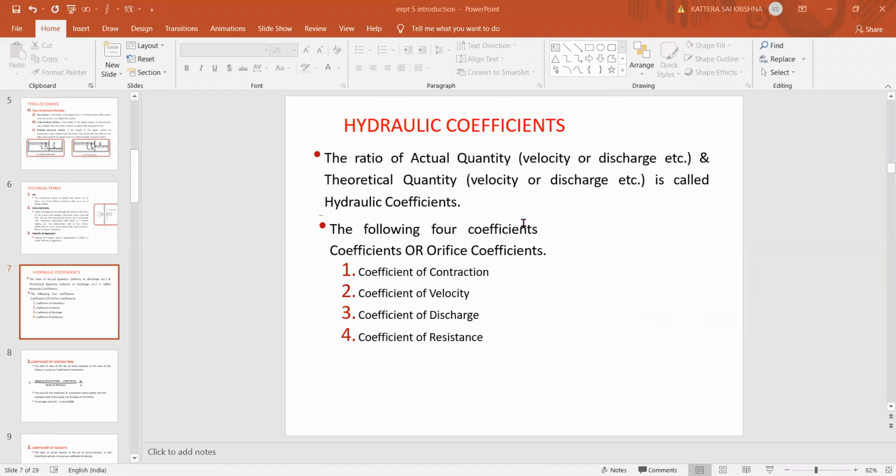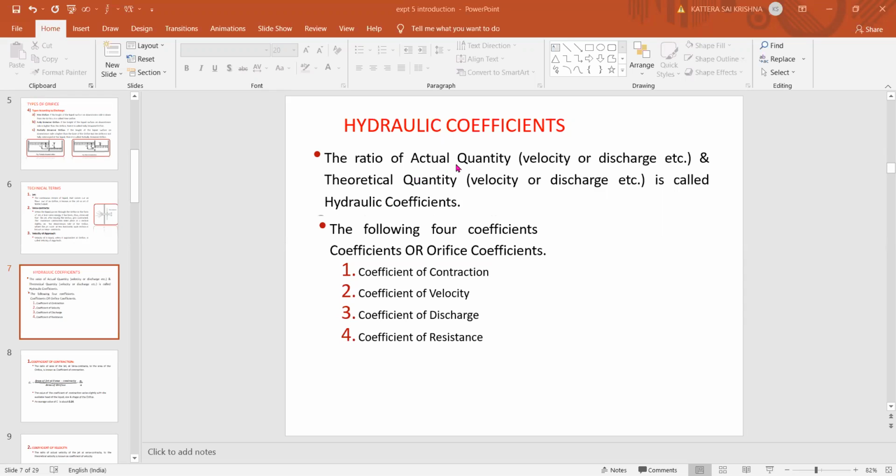So next we need to calculate hydraulic coefficients. Till now we have seen coefficient of discharge, coefficient of velocity, and coefficient of contraction. These are all called hydraulic coefficients. What is a hydraulic coefficient? It is the ratio of actual quantity to theoretical quantity. If it is velocity, the ratio of actual velocity; if it is discharge, the ratio of actual discharge.